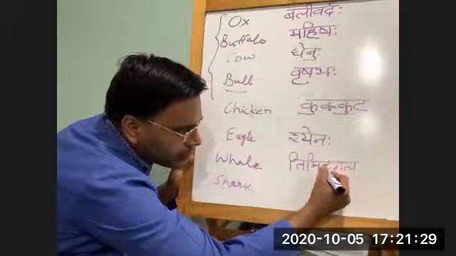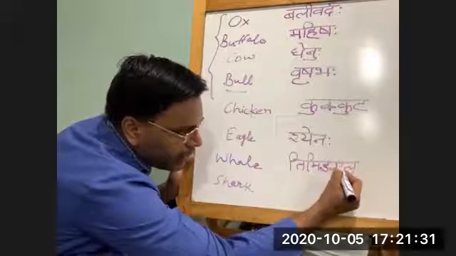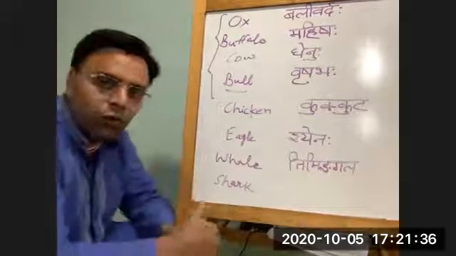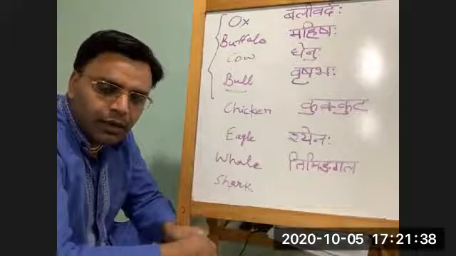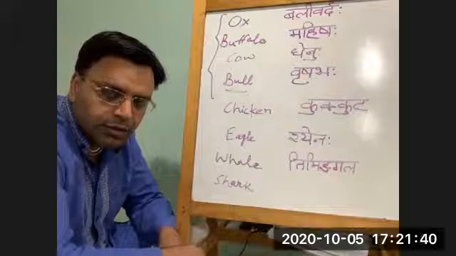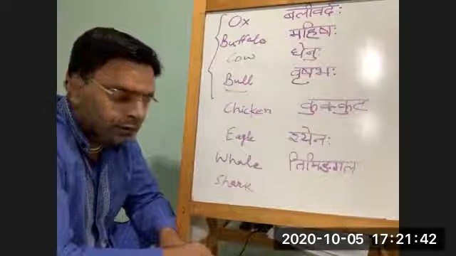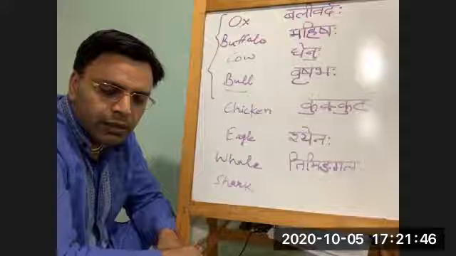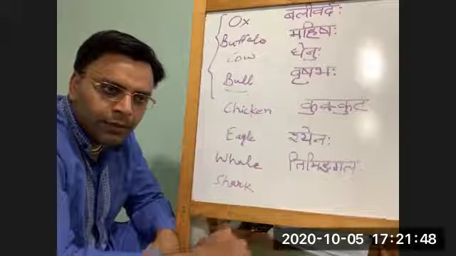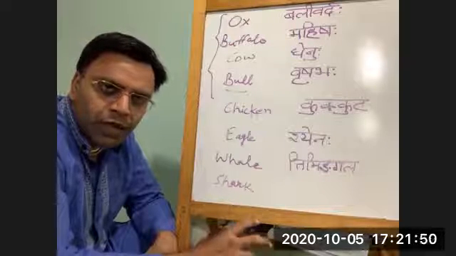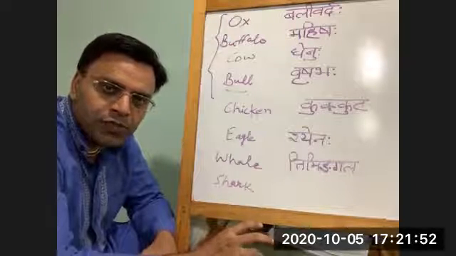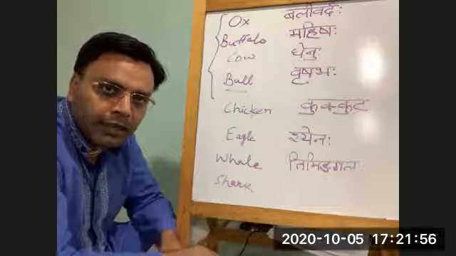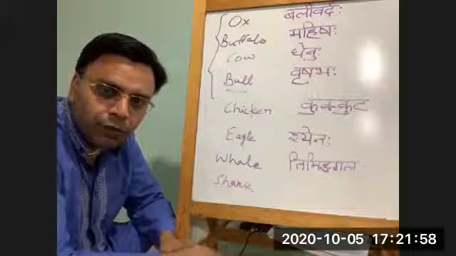So timingala is generally used for whale and for shark. For all the fishes which are more dangerous, which can attack, it is called makari. Like we have makara for crocodile.